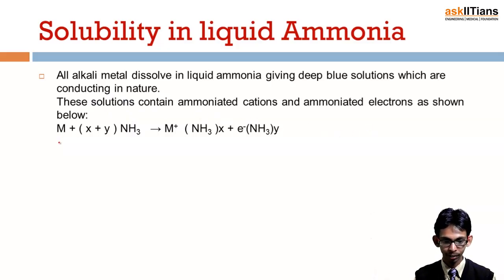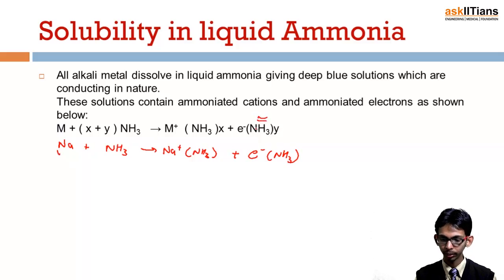Let's say we dissolve sodium in ammonia, so it results in the formation of Na positive ions, ammoniated, and electrons are released, also ammoniated. So this was the general formula. Let's say this was y, so if we take 2 there would be 3 and so on.